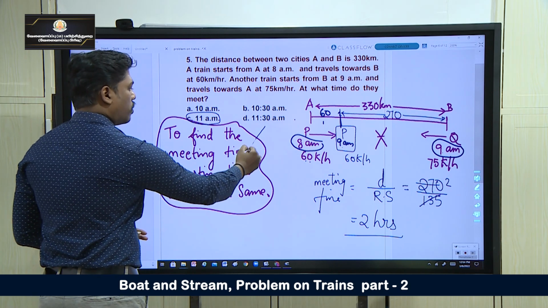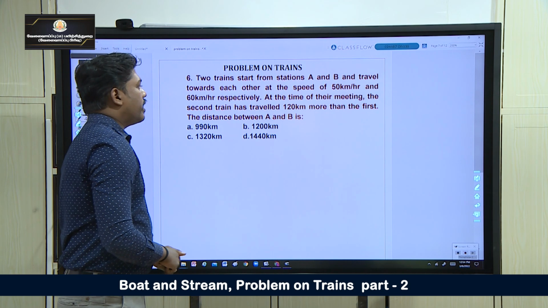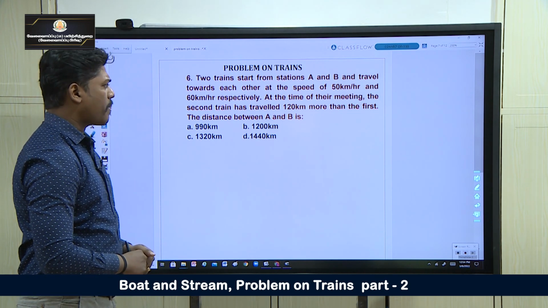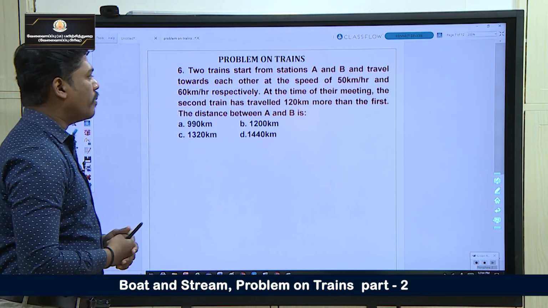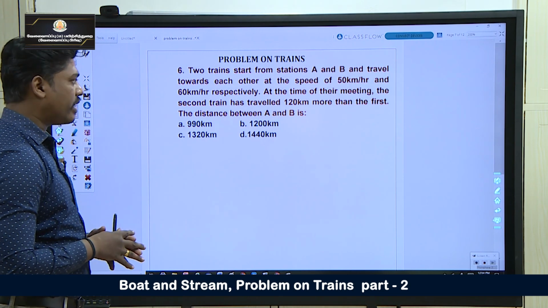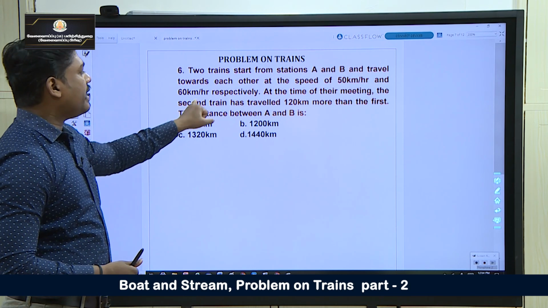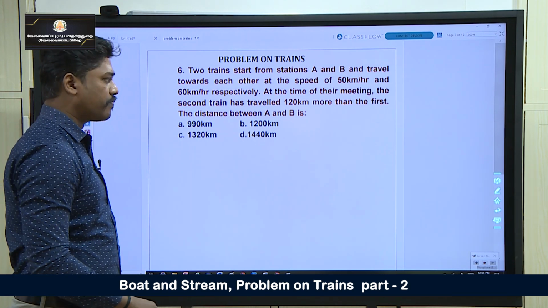So note this point here. Two trains start from station A and station B and travel towards each other at a speed of 50 kilometers and 60 kilometers respectively. At the time of meeting, the second train has travelled 120 kilometers more than the first train.